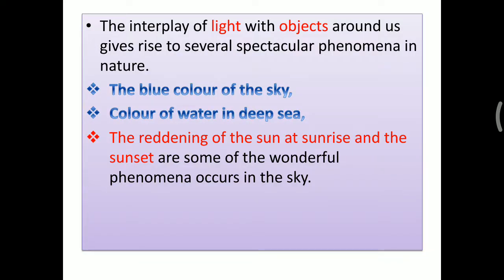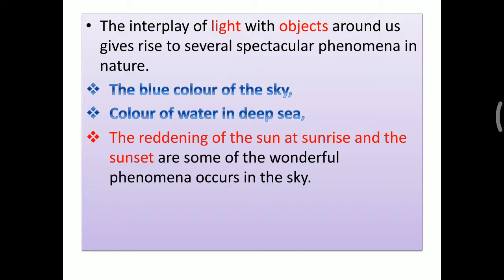The interplay of light with objects around us gives rise to several spectacular phenomena in nature. Do you understand this line? This is the interplay of light with the object. When the light falls on the object, it gives some spectacular phenomena in nature.